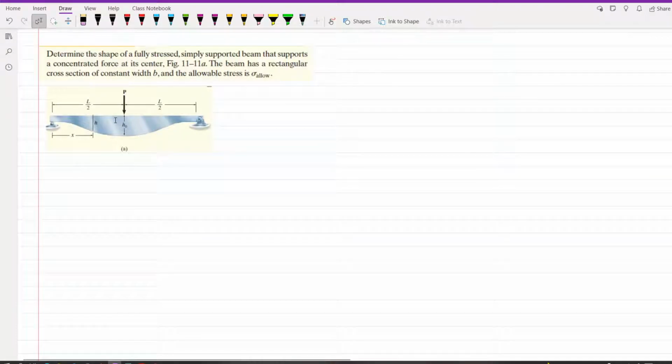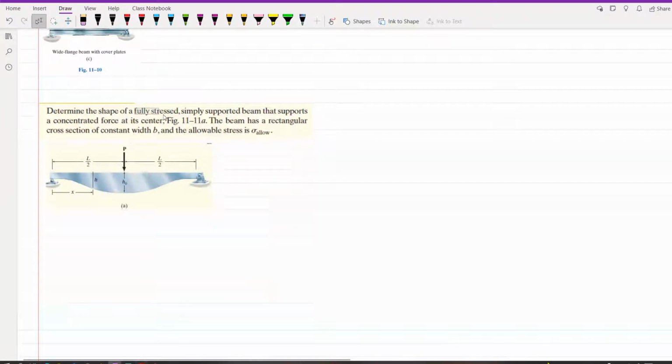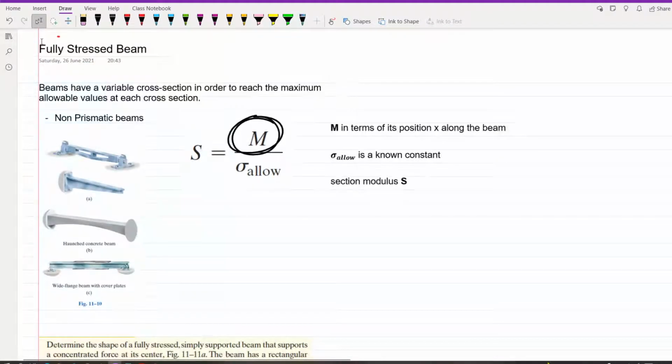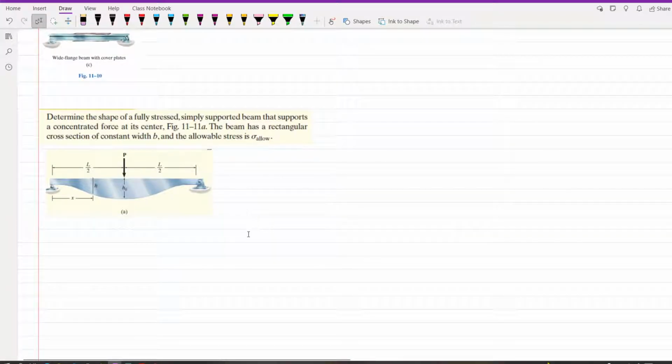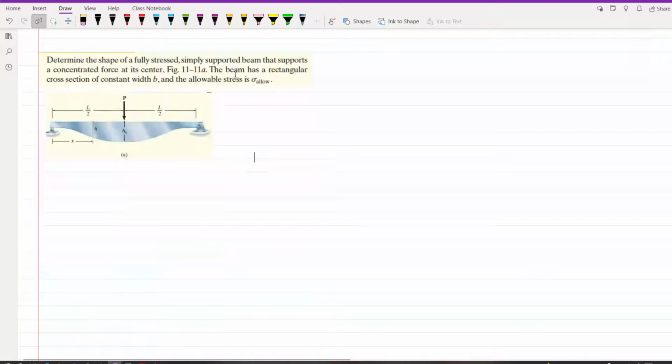The beam has a rectangular cross-section of constant width B, and the allowable stress is sigma allow. So, if we look at it, what was said first is that it is fully stressed. Meaning, fully stressed, non-prismatic. Meaning, its shape will vary. It is not definite. So, the beam has a rectangular cross-section.